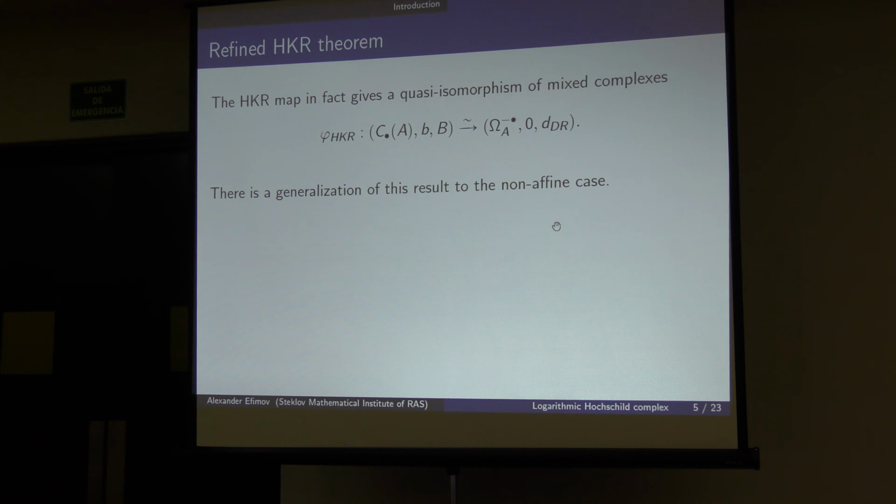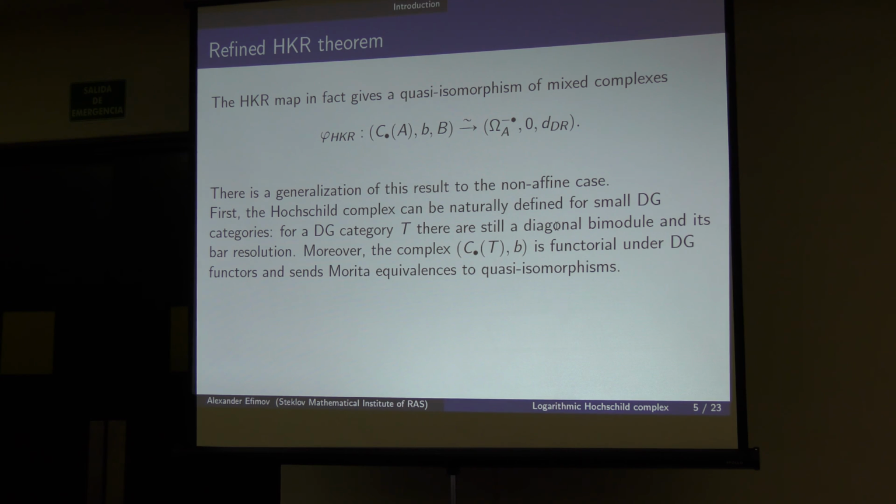This result also generalizes to the non-affine case. So first, the Hochschild homology and the Hochschild complex can be naturally defined for any small DG category. So we still have a diagonal bimodule, and we still have a bar resolution, and the resulting complex is actually functorial under DG functors.